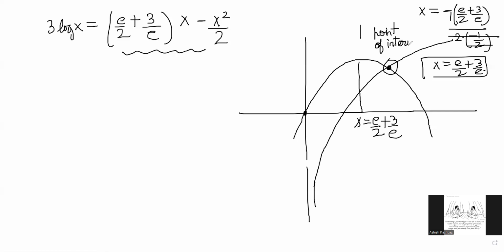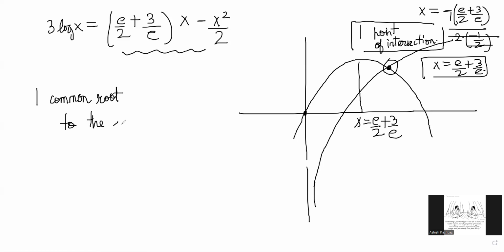The question is not asking for finding the root. The question is asking for finding how many points of intersection there will be. The parabola is going to go down. After that, there is no possibility of any further intersections, right? So there is only one common root or one root to the equation f of x equals g of x, right?